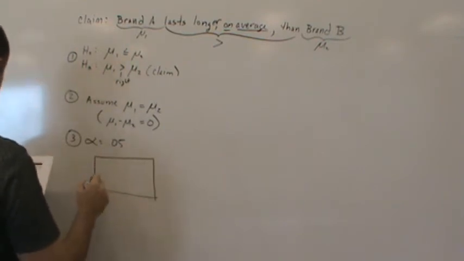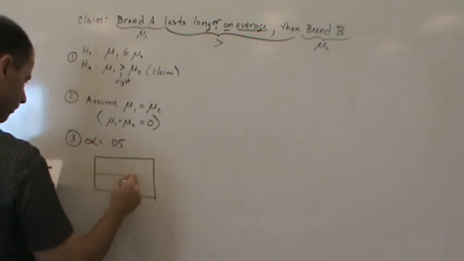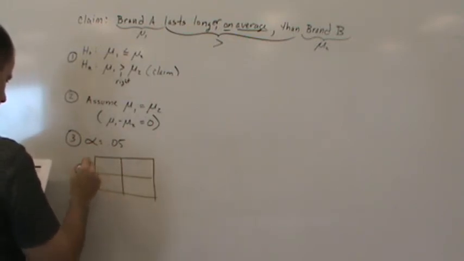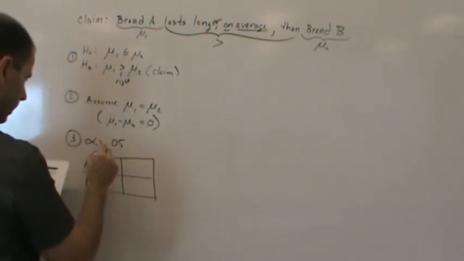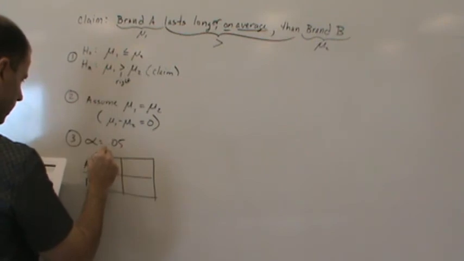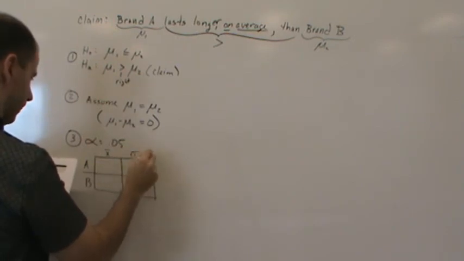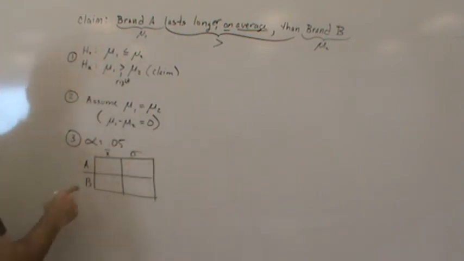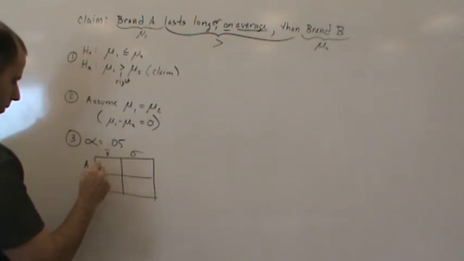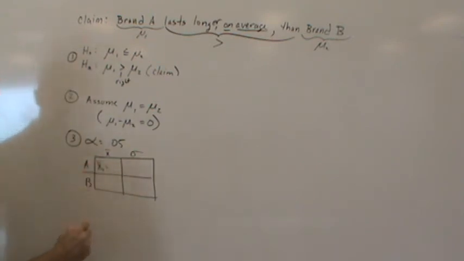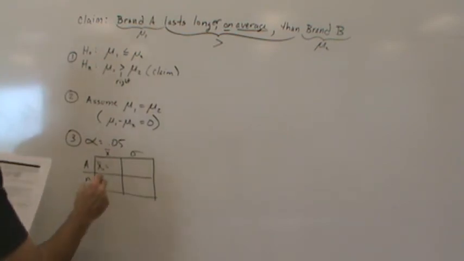So now, here's A and B, and here's X bar and sigma. Okay, so X bar 1 is equal to 3 months.